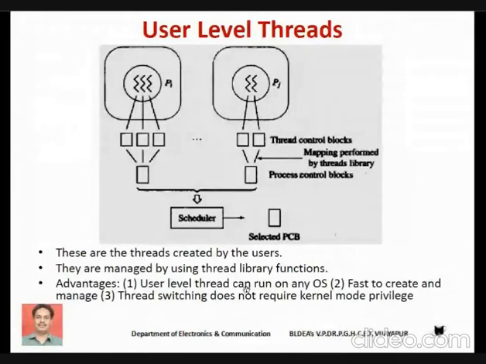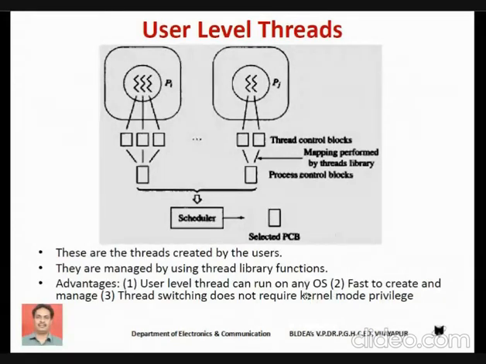User level threads can be created very fast, and their execution can be managed very fast. And thread switching does not require kernel mode privilege. In case of user level threads, we can directly switch from one thread to another thread without seeking permission from the kernel. Here kernel means the operating system.